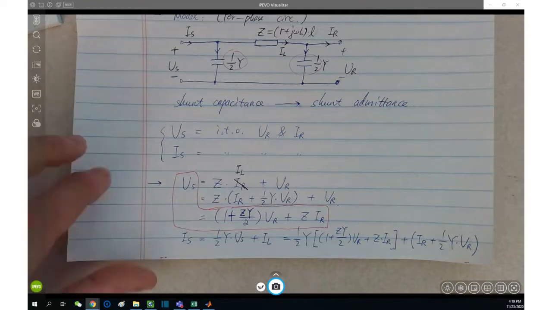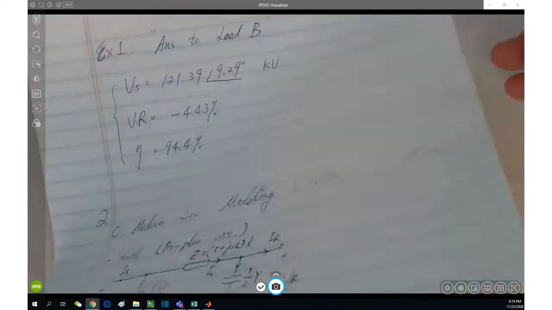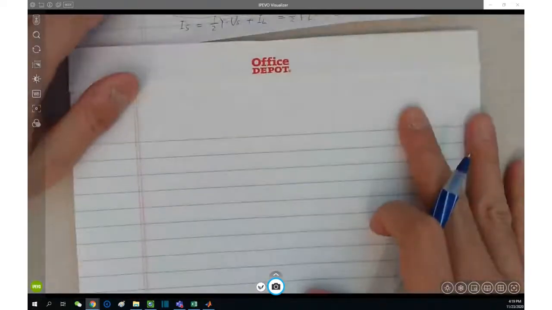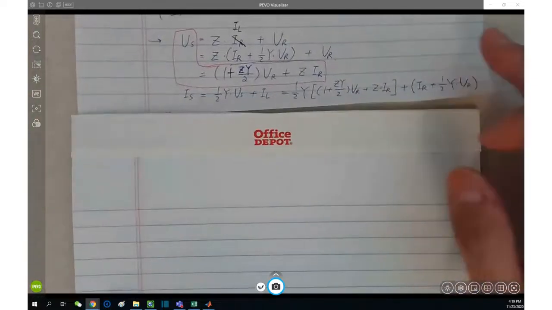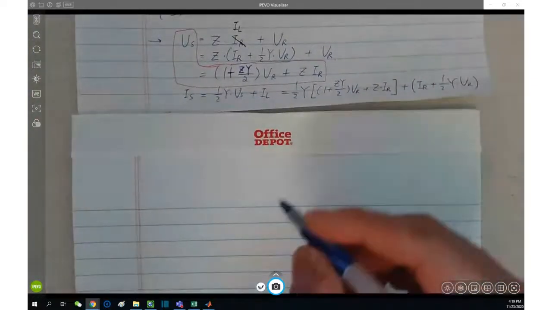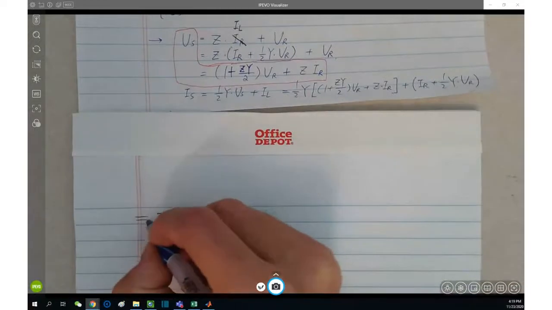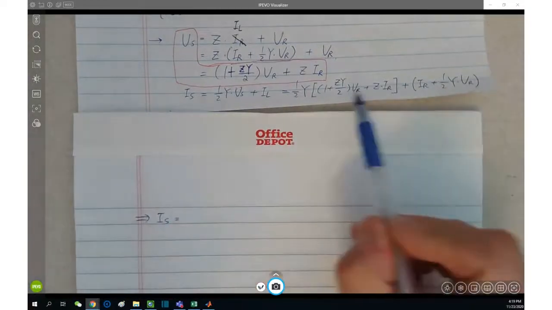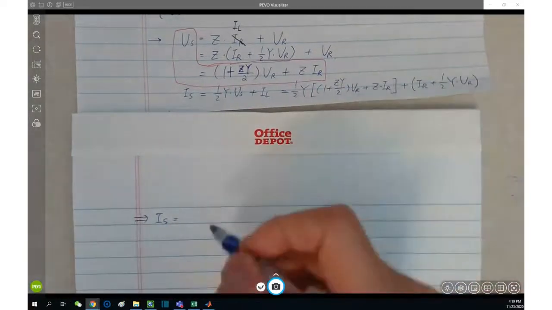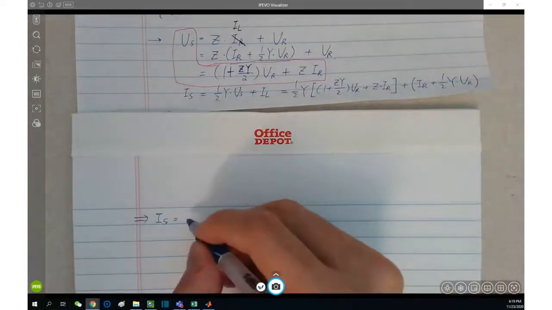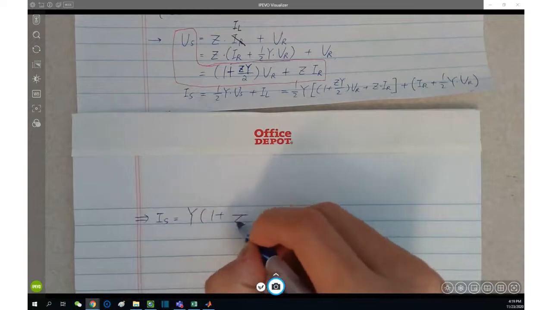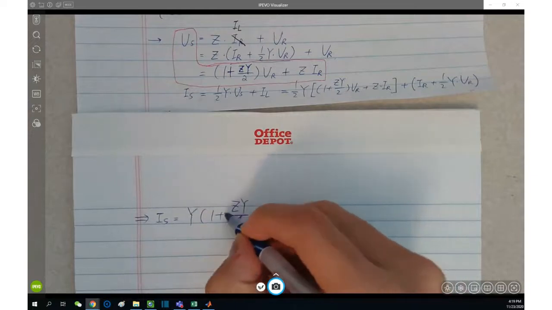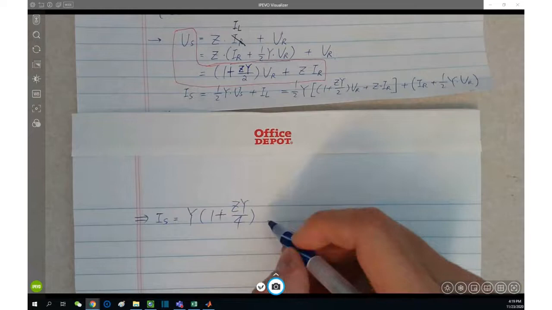Further, we derive this and organize it into a format where you see the coefficient of VR and the coefficient of IR. So IS, when you organize this, you end up with Y times 1 plus ZY divided by 4, times VR.